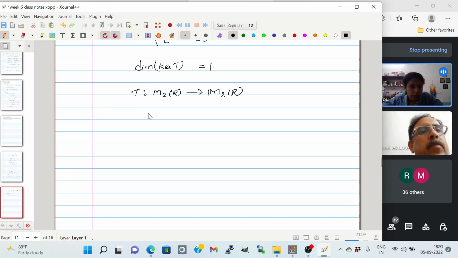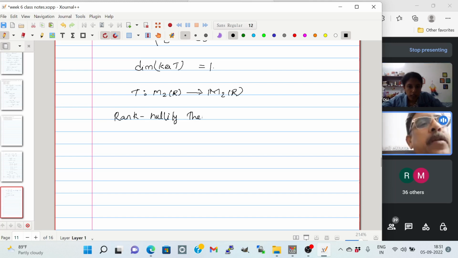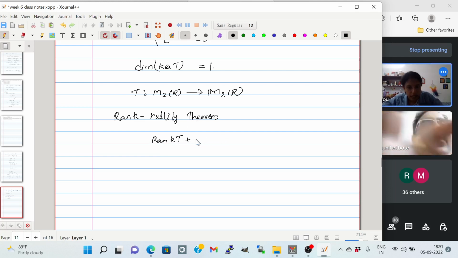Dimension means for a vector space, not for a transformation.